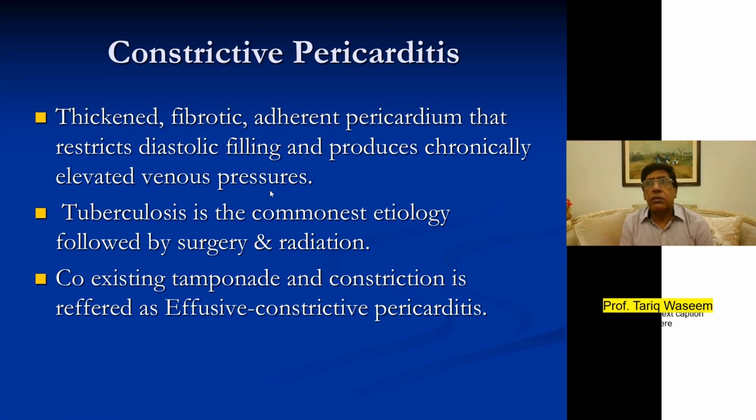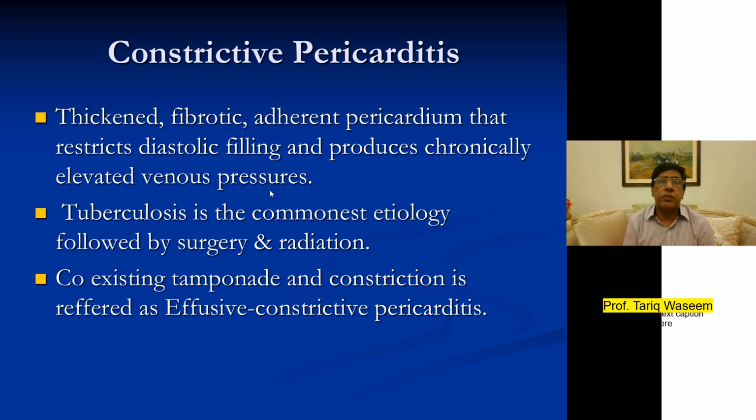Now, this is a clinical scenario of a patient who has possibly developed constriction, or constrictive pericarditis. In constrictive pericarditis, a thickened fibrotic pericardium becomes adherent to the visceral surface of the heart and impairs or restricts the diastolic filling, and thus leads to chronically elevated venous pressures.